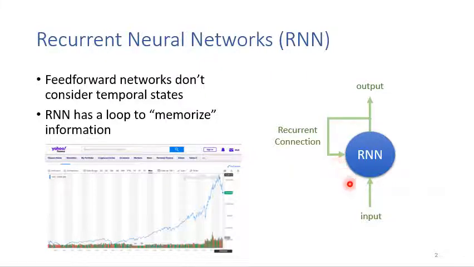And when a next input comes in, RNN will calculate a new output based on current input and the previous output. So recurrent neural networks can remember or memorize previous data and the previous state. Therefore, consider the temporal relationship.